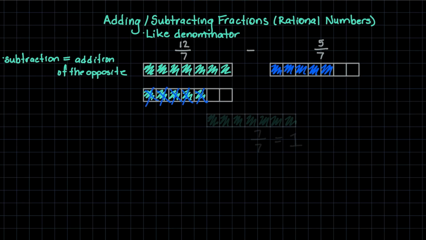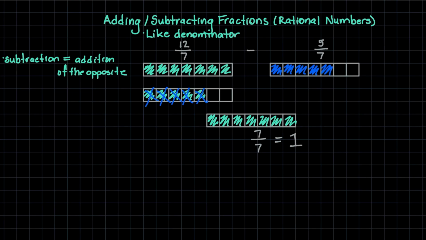That's taken away all of my extra pieces and left me with 7 out of 7. 7 out of 7 is left, but a number divided by itself is 1, which we should have been able to see.